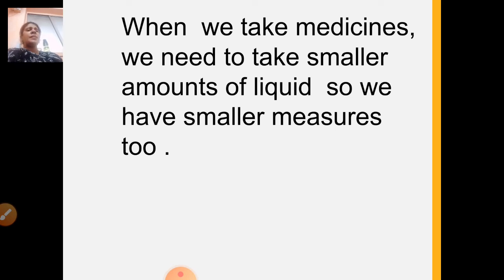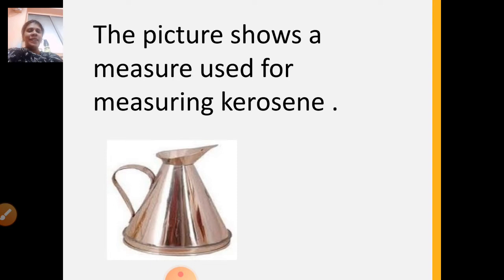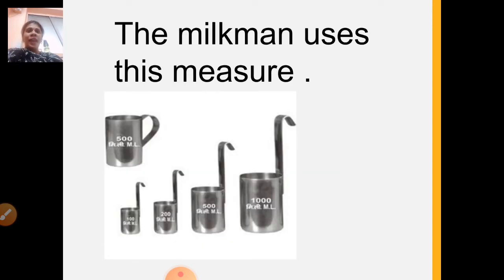Now when we take medicines, we need to take a smaller amount of liquid. So we have smaller measures too. When we are ill, when our parents give us medicine, that is liquid medicine, syrup. When we take cough syrup, does your mother give it to you in this type of can or this type of can?